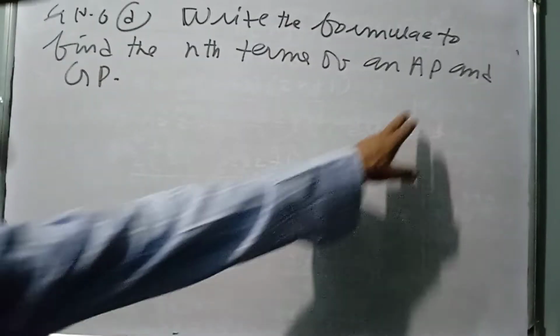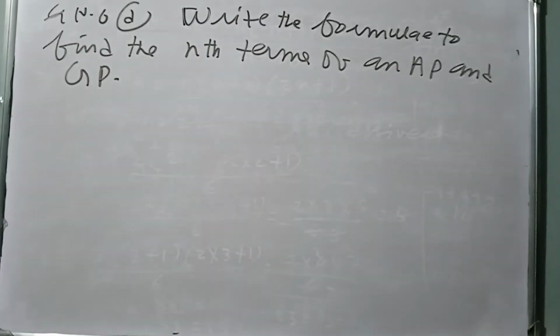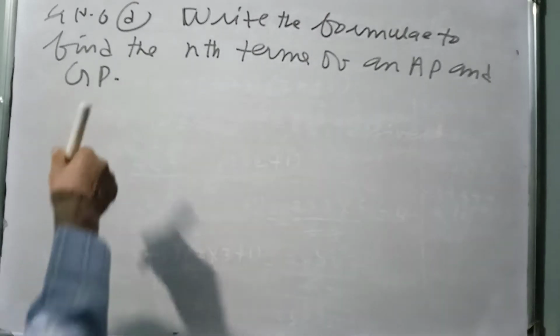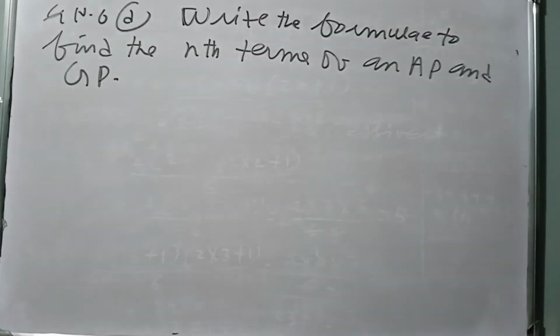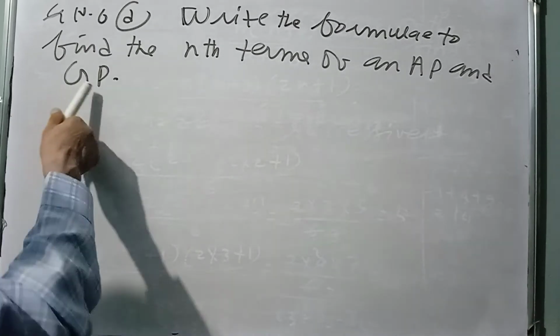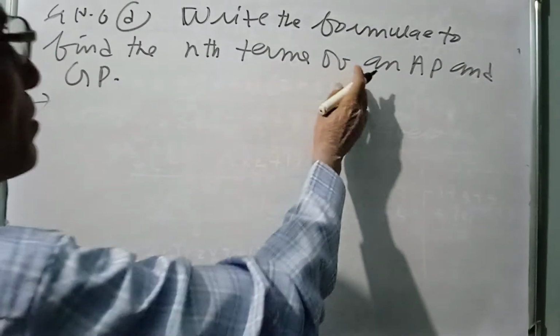AP for arithmetic progression, GP for geometric progression. Now, dear students, class 9 means you are just preparing for class 10 next year SE. You are going to study class 10 for AP.